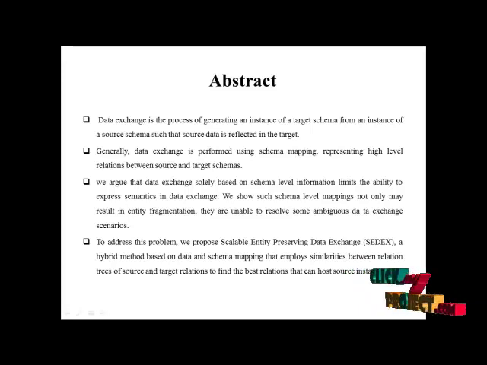Here the communication will be done between the source and the target schemas, and the data will be interchanged. Generally, data interchange is performed using schema mappings representing high-level relations between source and target schemas.